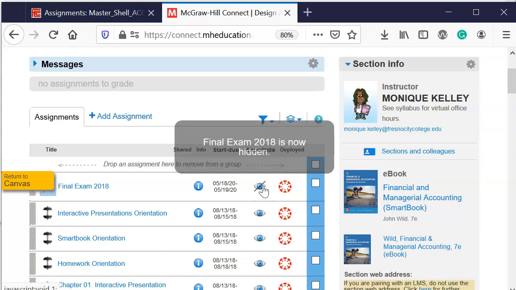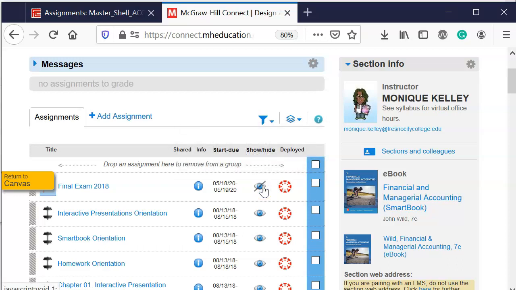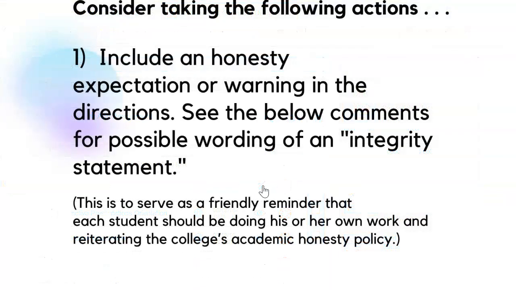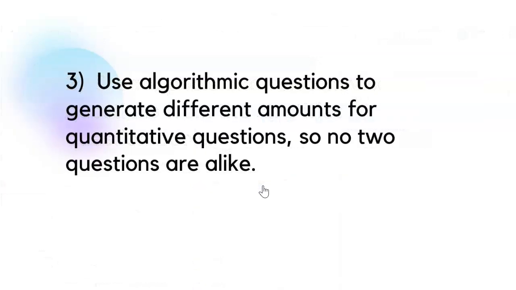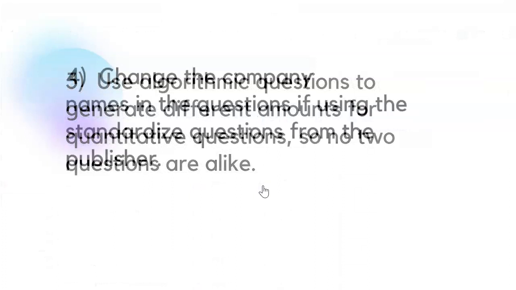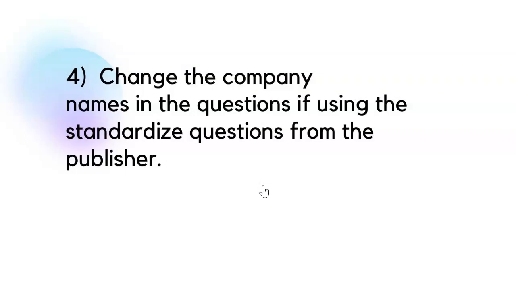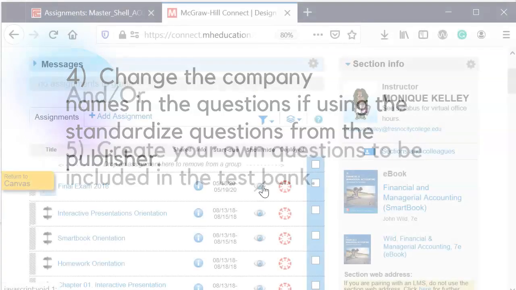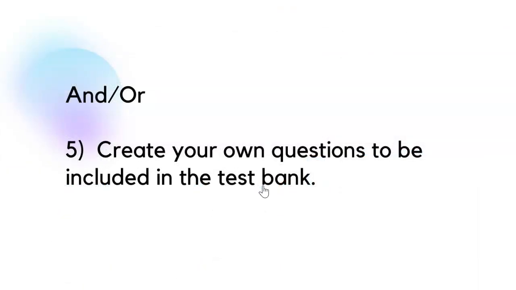Before I conclude this video, instructors should also consider taking the following actions. The reasoning behind the last two suggestions is that students are able to search for solutions to questions by copying information on Google or proprietary sites such as Chegg or Course Hero to get assistance on exam.